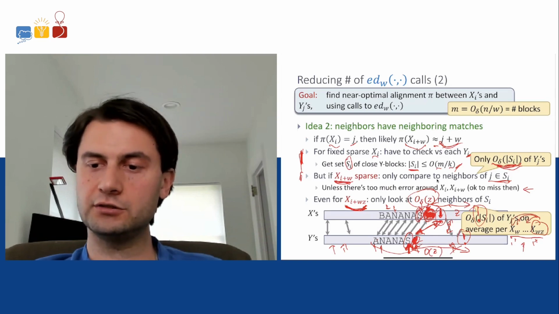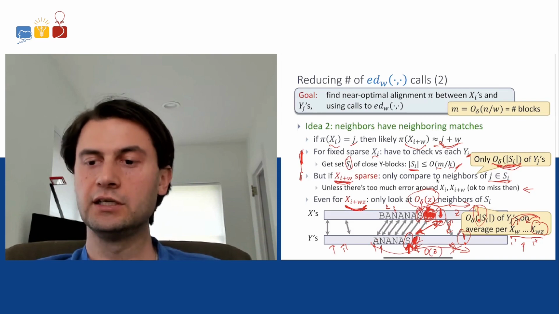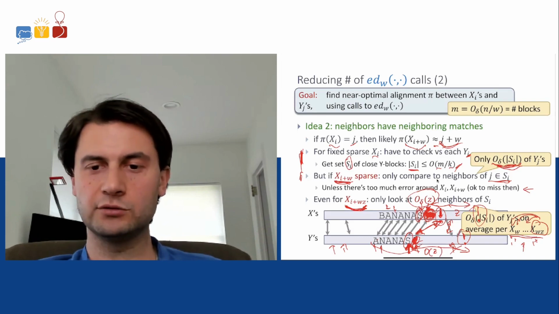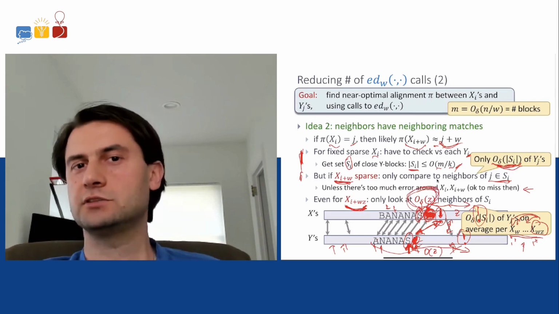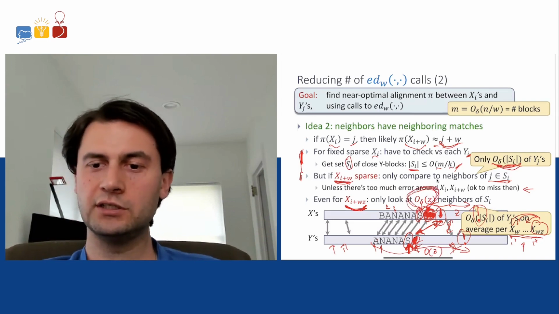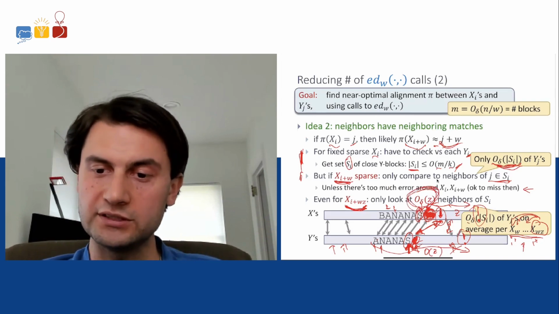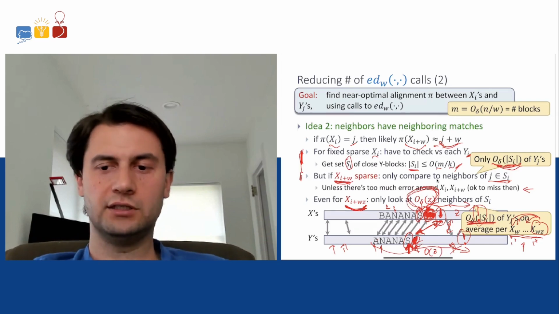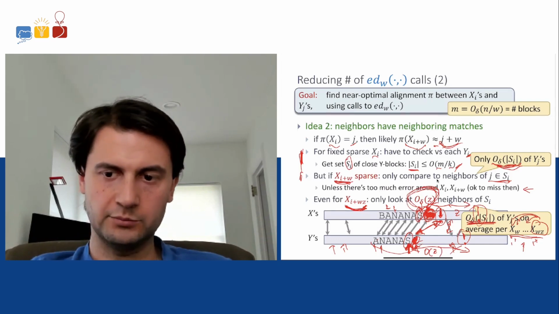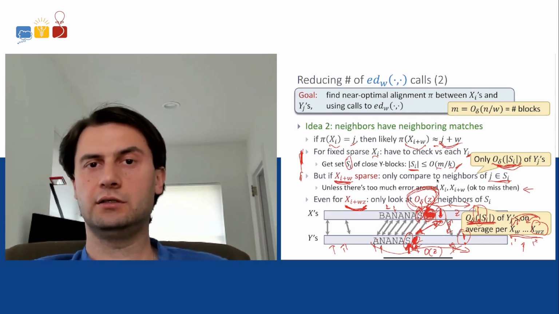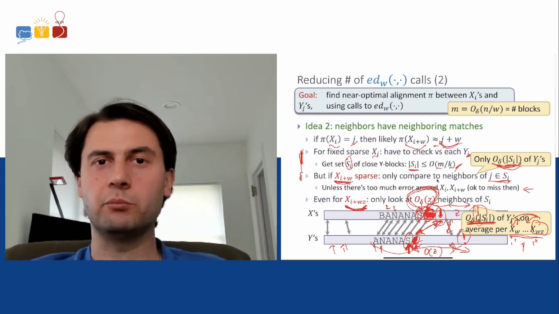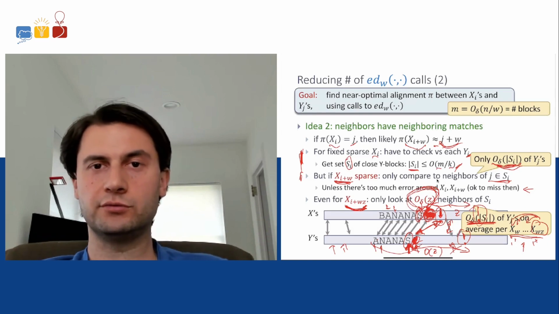And on average, the number of things here is Z, and the amount of overhead in the runtime is also proportional to Z, just by how many neighbors of SI we consider. So this means that on average, we still have order of SI per block XI of this comparison to the neighbors of calls.